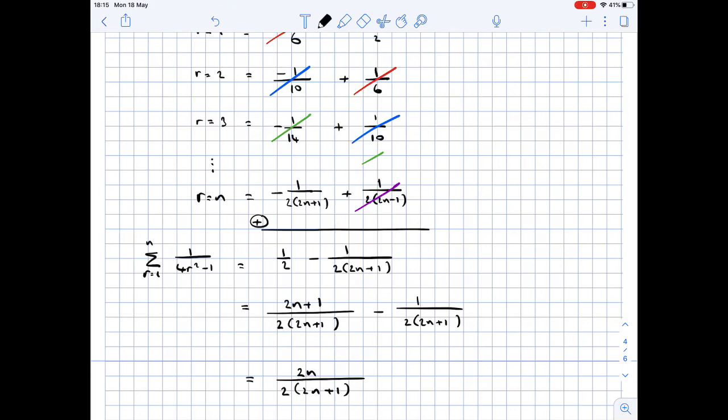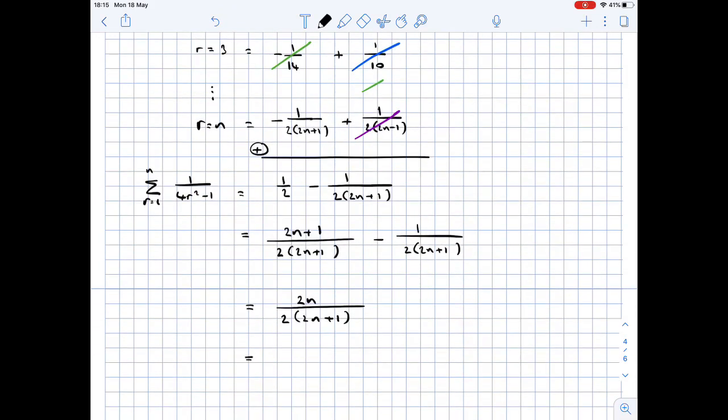And the final step, we can see that both terms are even, so this leaves us with n over 2n plus 1, which is our answer. So that is the sum, from the first term to the nth term, of 1 over 4r squared minus 1.